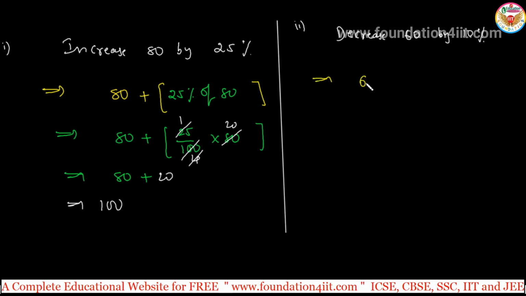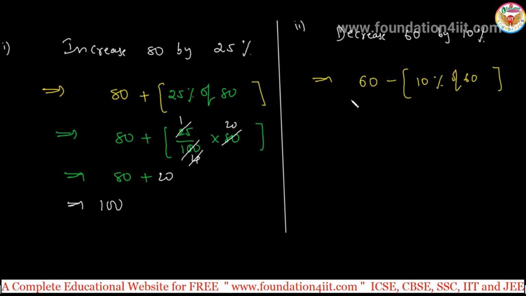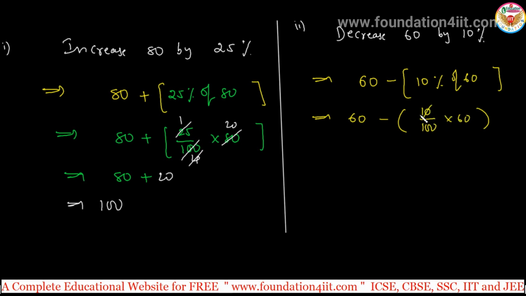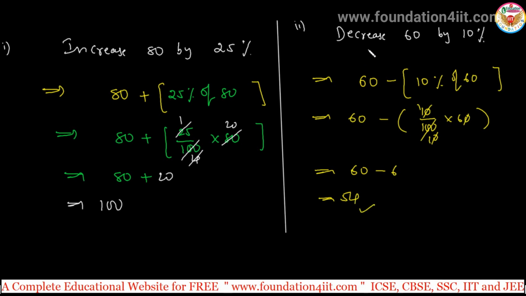That is, 60 is the number, minus 10% of 60, which is supposed to decrease. Now 60 minus 10% of 60, that is 10 by 100 into 60. 10 tens are 100, the zeros cancel, only 6. 60 minus 6 is 54. So 54 is the value. From 60, if I decrease 10%, the answer is 54.